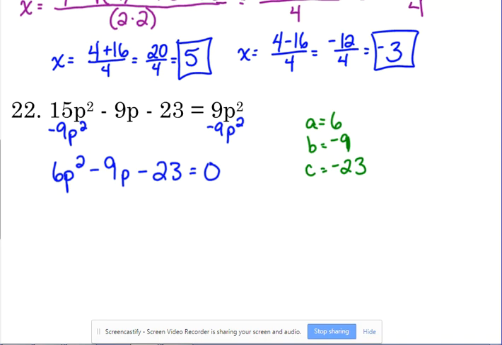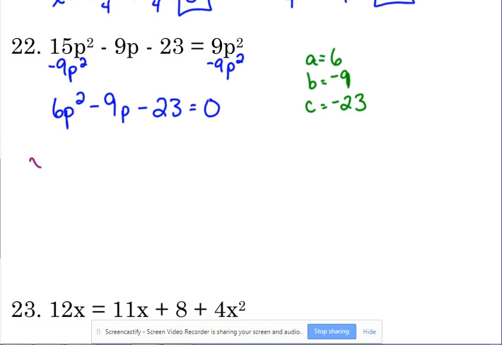If the p were not here in the middle, then B would be 0. If 23 was not here on the end, if I didn't have anything there, what would be my C? 0. So if any piece is missing, that constant is 0, for your quadratic formula.